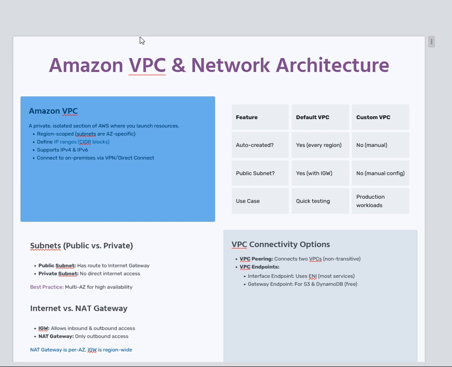And when you're logging into your portal, you can see the default VPC is automatically created, one VPC in every region, right? And a custom VPC you just have to create manually.